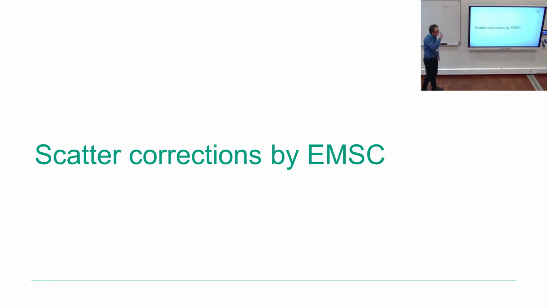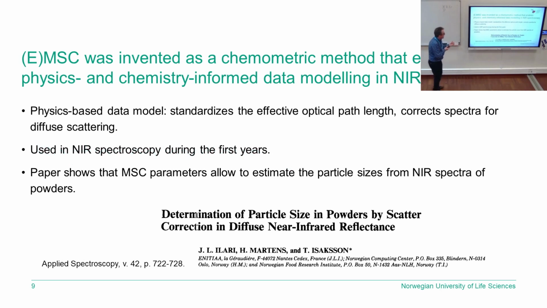So how to retrieve the pure absorbance spectrum? We started out more than 15 years ago on building a model which was built on MSC. I guess all of you have heard about MSC and EMSC.